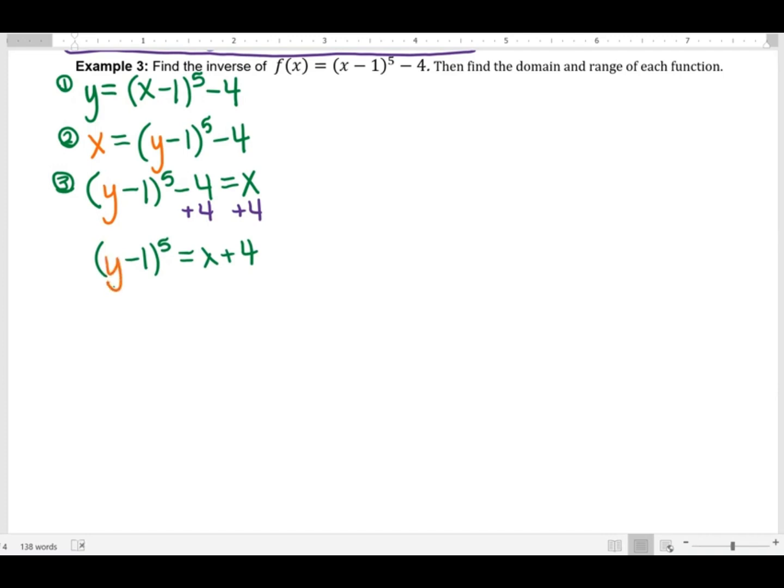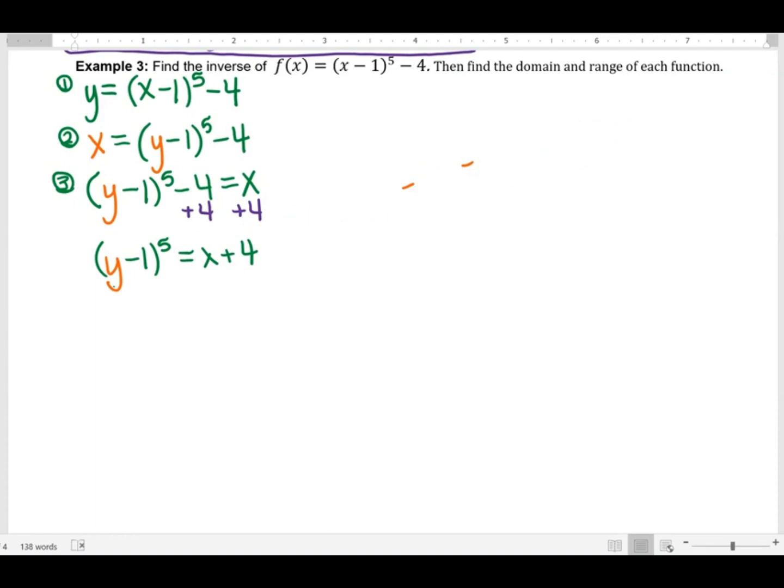Okay. We need to get rid of the exponent of 5. We're not going to try to distribute the 5 as an exponent because this would not be y to the 5th minus 1. If we actually tried to do the algebra on this, you would take y minus 1 times itself 5 times, and you will get into an even bigger mess than if we just did our next step.